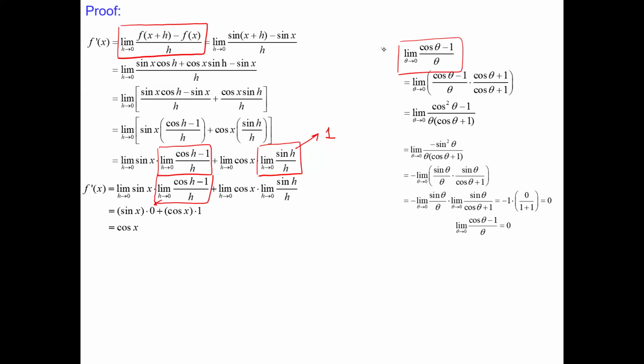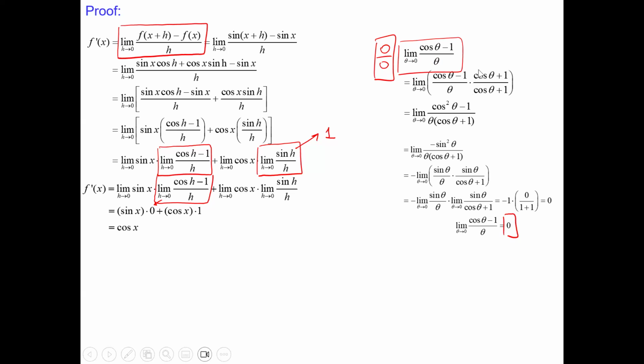This is an indeterminate form, because cosine at 0 is 1, 1 minus 1 is 0, and h is 0, so 0 over 0. But we know that the indeterminate form 0 over 0 can lead to different answers: 0, maybe infinity, maybe negative infinity, maybe a non-zero finite number. In this situation, we have 0, but we do have a proof.